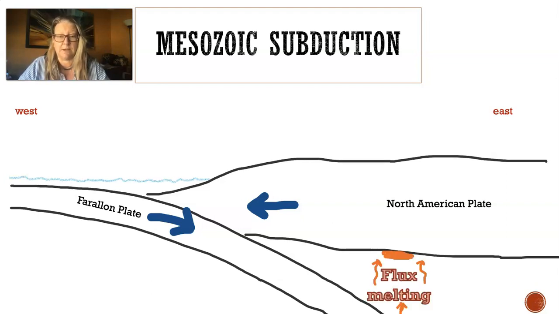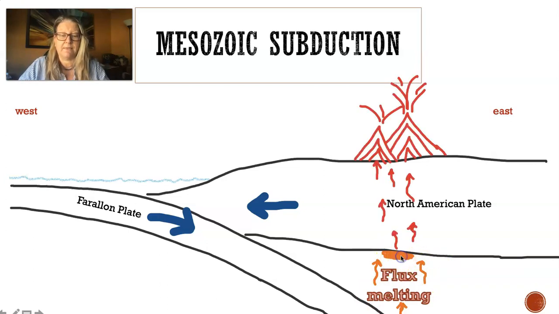Remember that when we have subduction, volatiles from the downgoing plate can lower the melting temperature in the asthenosphere and create flux melting, which causes melting of the asthenosphere. That melting will produce magma that might pond at the base of the North American plate, and then it might continue to heat up and melt the interior of the plate. These arrows are showing magma that's migrating through the plate to the surface, and if it makes it all the way to the surface, we get volcanoes.